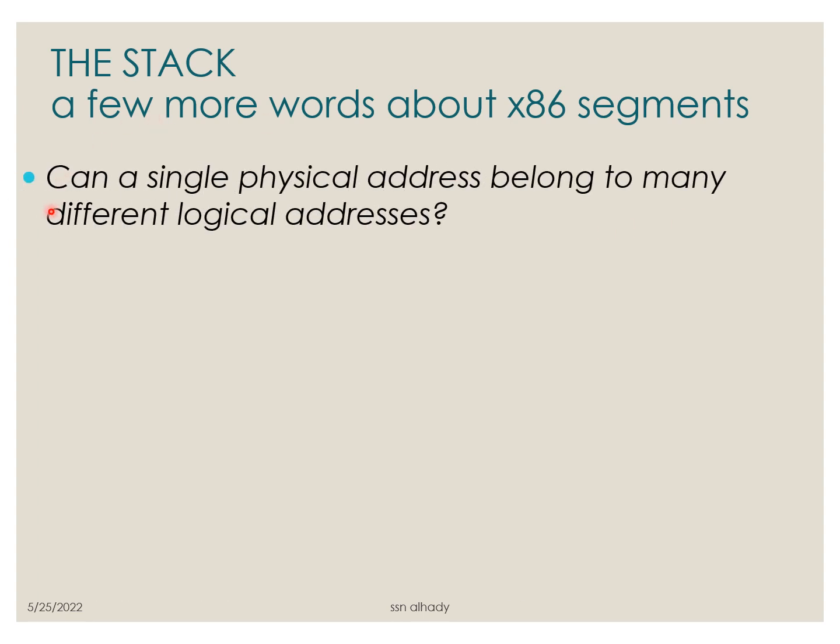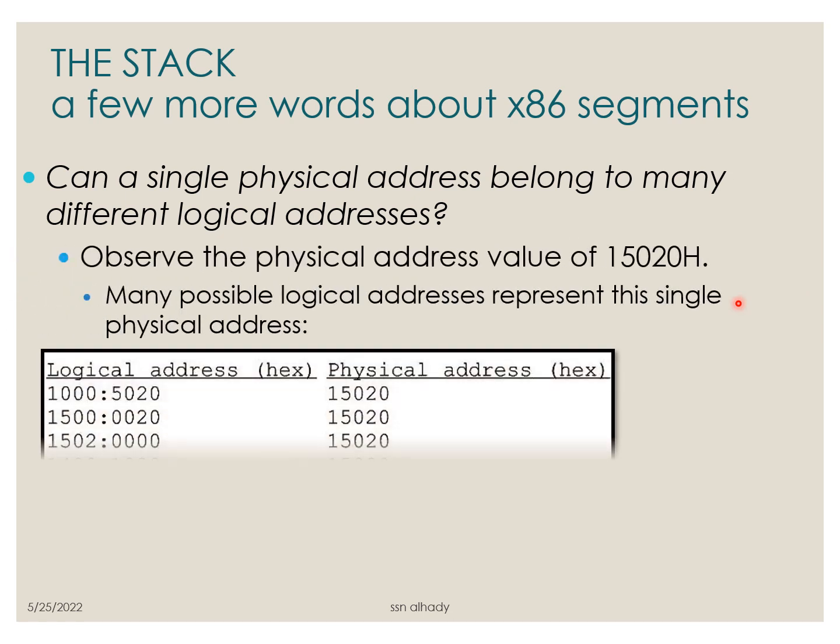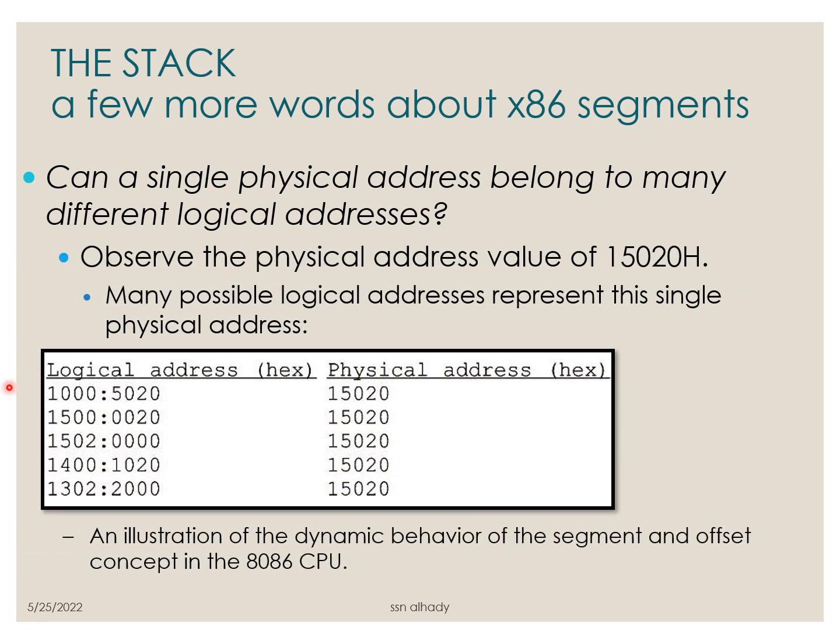Okay, can a single physical address belong to many different logical addresses? You can, if you look back here. Okay, this is the logical address. Observe the value of the physical address, 15020.